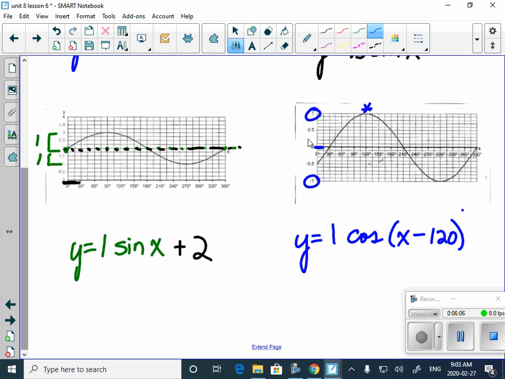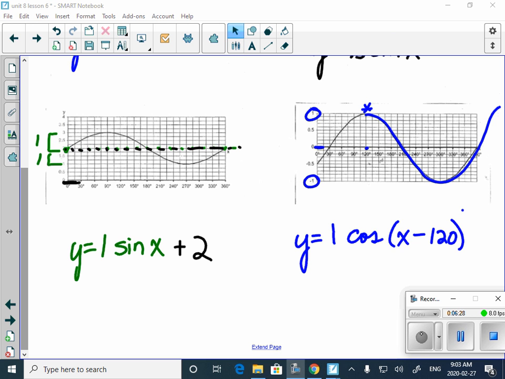So my amplitude is 1 from middle up and down. I've started here as a cos function. I'm just going to check that the middle is at 0 and it hasn't been shifted up or down. No, it hasn't. So that is done.